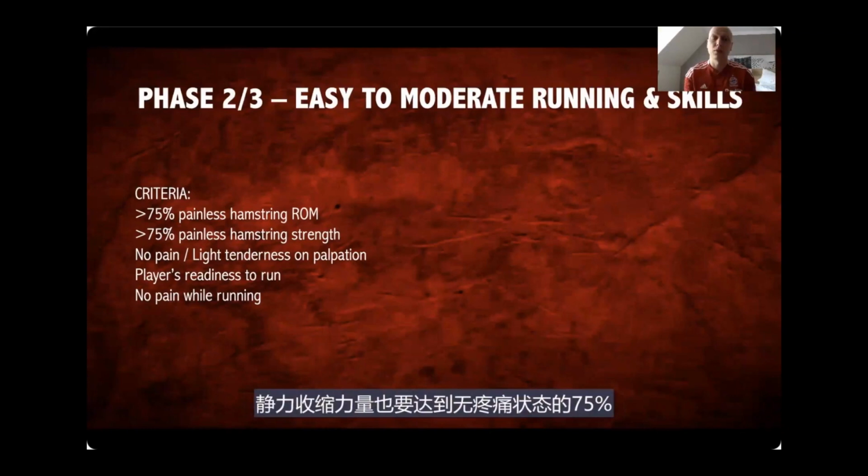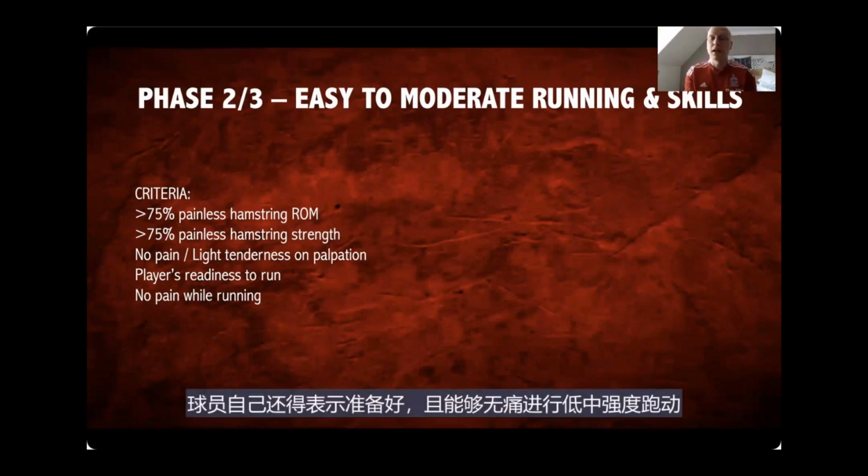We want to have more than 75% of painless hamstring strength, isometric strength. We don't want to have any pain or tenderness when we are palpating the injured side. Okay, player has to say that he's ready to run, and there is no pain when player is running easily or in moderate intensity.